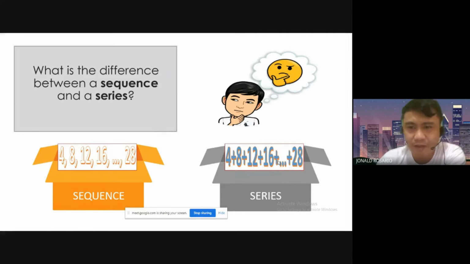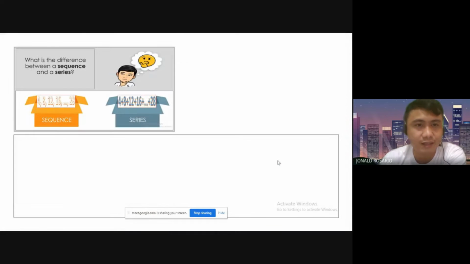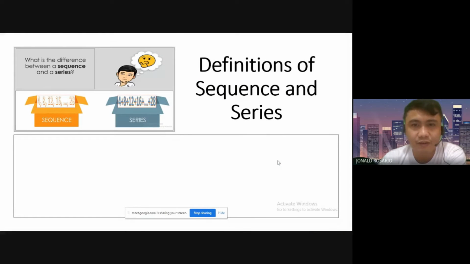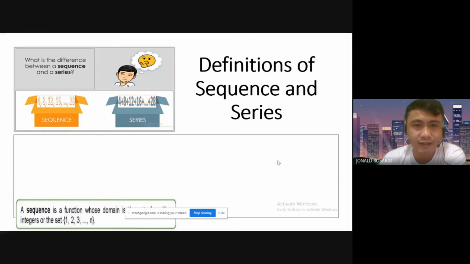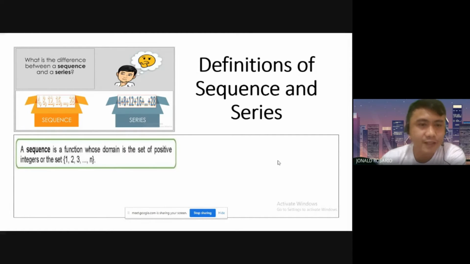Okay, so siguro meron na kayong parang counting idea kung paano mag-differentiate o ano yung difference nitong sequence at series. I-summarize natin. So, definitions of sequence and series. I-define natin sila. A sequence is a function whose domain is the set of positive integers or the set 1, 2, 3 up to n.